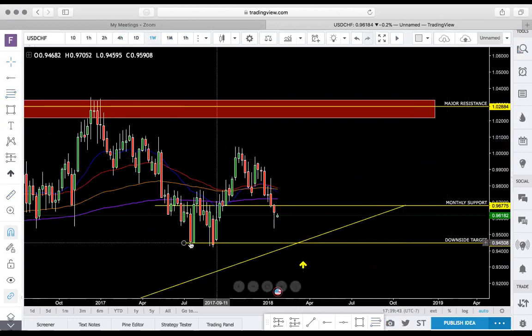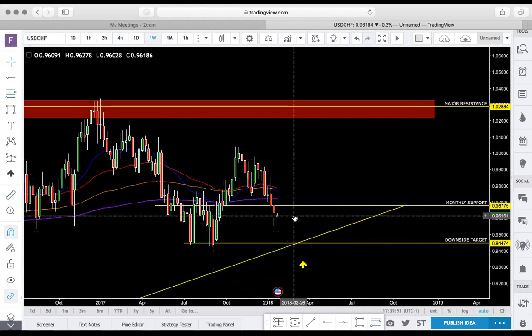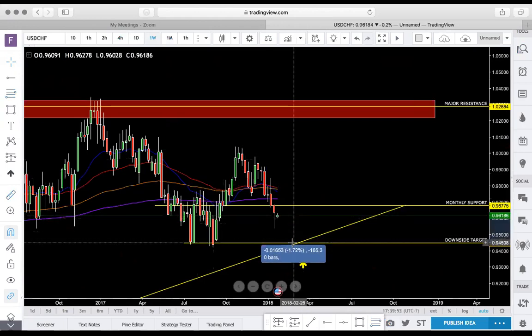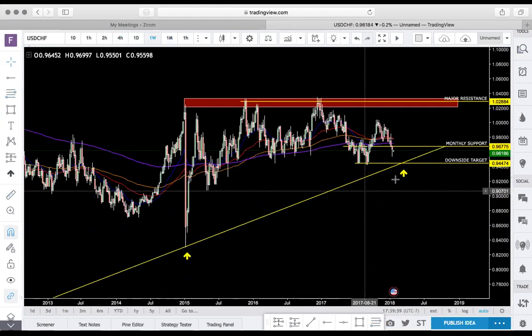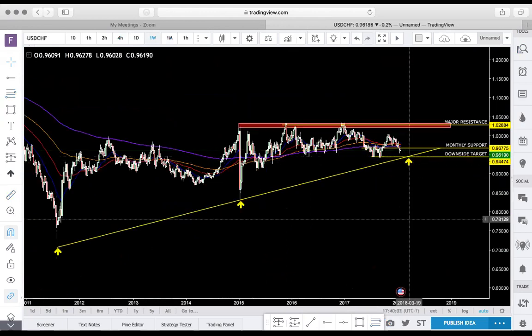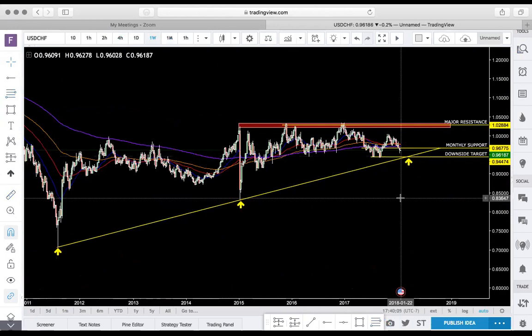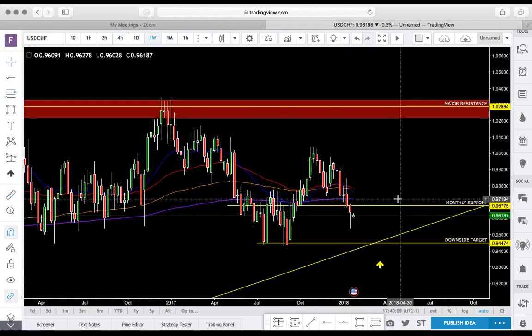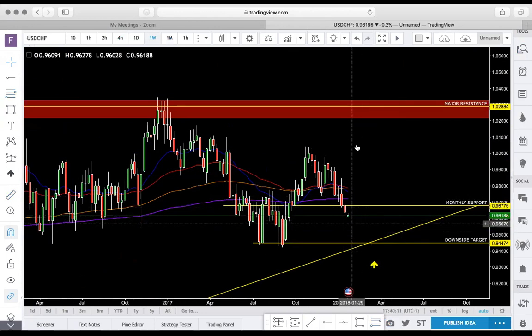Now, if you look left, again, look left, you'll see that you have a double bottom there. So we could see price come into that zone. And that's about, let's see here, it's about 165 pips away from that. We could see a bounce or a break. A break of this would be great. So if we break this, oh man, this could go down to 83, maybe 0.836. But we won't get too far ahead of ourselves. Let's just keep an eye on this one.